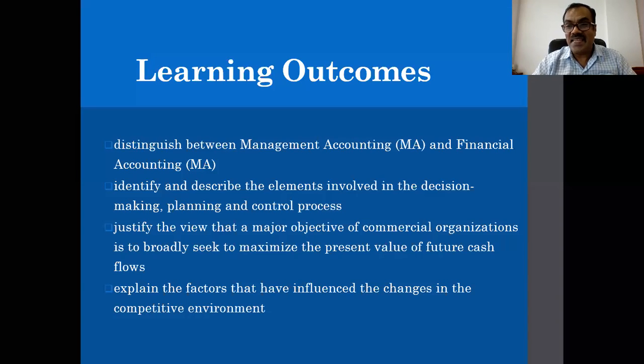To a great extent, a handful of people grab a bulk, maybe 80%, 90% of the value created by the significant majority of stakeholders. One percent of people would grab 90% of the value created by almost 95% of people. That is the biggest problem in our society, in our organizations. So as a learning objective, we are not going to talk about all these things. In different subjects we can talk about them from management accounting perspectives.